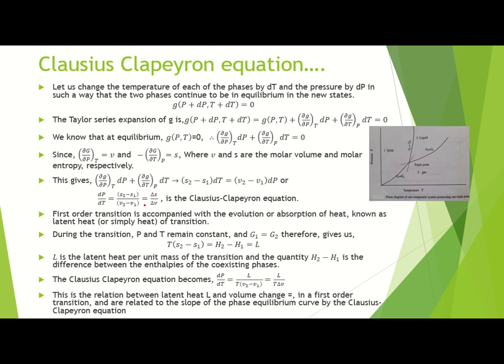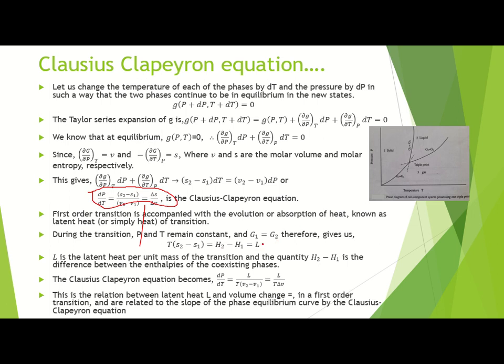If we substitute that and make them equal, we will get H2 minus H1 equal to T times S2 minus S1. And this difference of enthalpies between phase 1 and phase 2 is called the latent heat. Now we are going to use this expression in this equation of dP by dT and substitute it for L. This equation traditionally is known as the Clausius-Clapeyron equation.